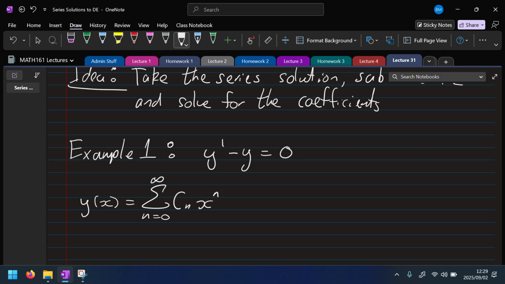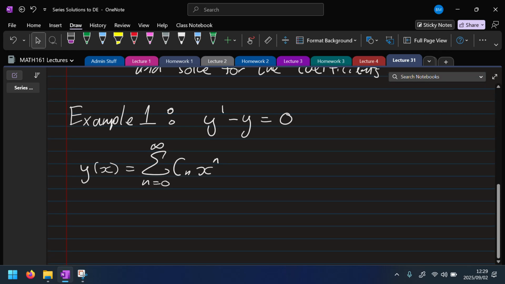Next, we see in the differential equation, we've got y prime. Now, we know what y looks like, so we can do the derivative of y and then substitute in. So what's y prime going to look like? Okay, so this is just a polynomial, so ignore the infinity, it's just a polynomial. And we want to do the derivative, so we can do the derivative for each term. So this is going to be the sum.